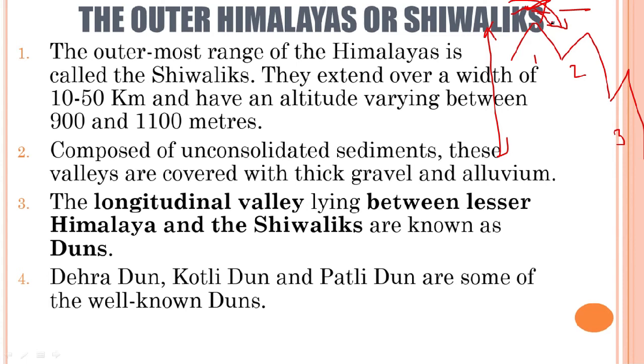And what will happen? It will cut the rocks into boulders, and when it comes down to the Middle Himalayas, the process of erosional activity will continue, and here also the river will cut a lot of rocks, and all these rocks or sediments will be carried down to the Shivaliks.